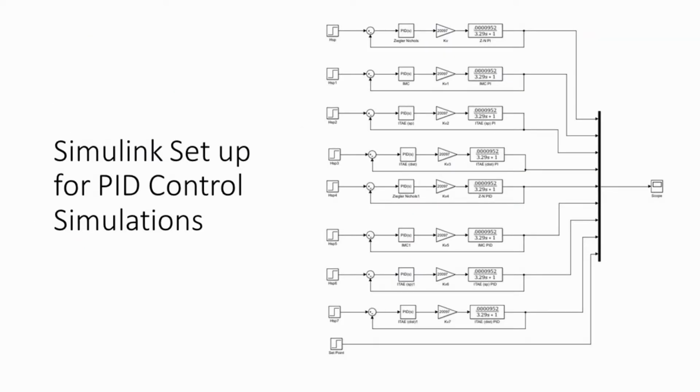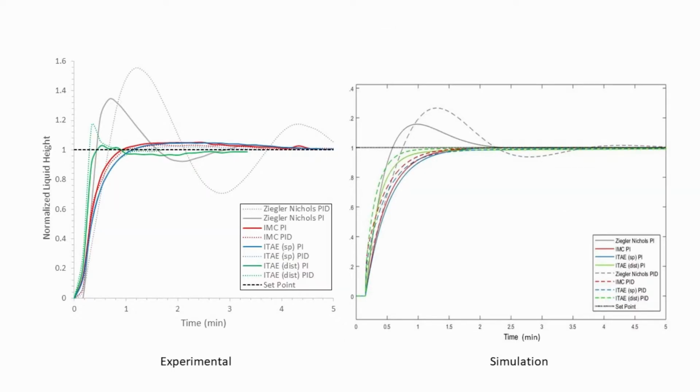Once again, the controller parameters were plugged into Simulink in an attempt to replicate the results found in the lab experiment. Shown are the block diagrams for each control system which was plugged into Simulink. The simulation results are plotted on the right, while the experimental results are shown on the left.